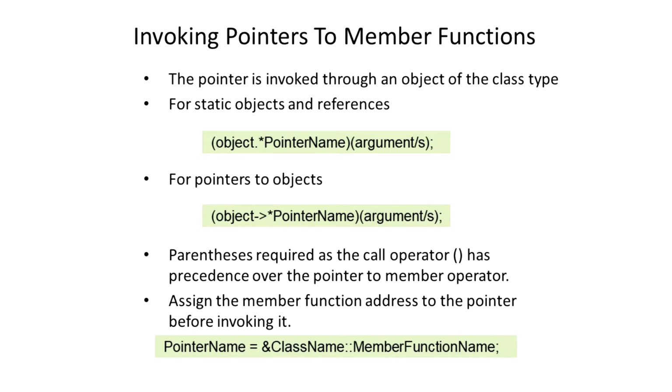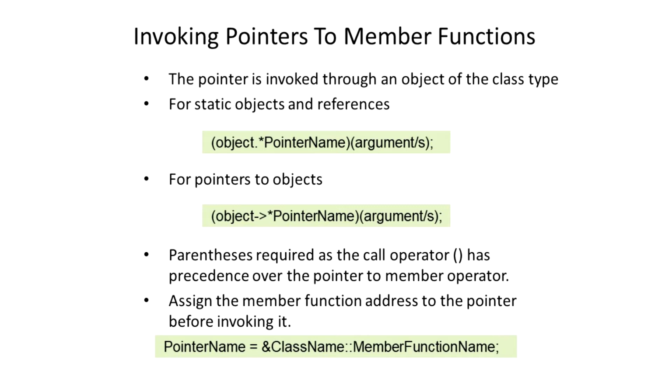Okay, so for static objects, we would need to use the object name and then the dot operator, and then the function pointer itself, so the function pointer name with the asterisk, and then followed by the arguments. However, for pointers to objects, dynamically assigned memory, we need to dereference via the arrow link.